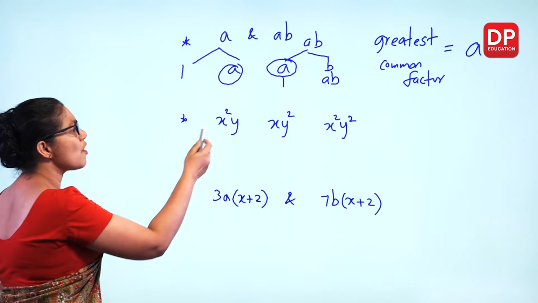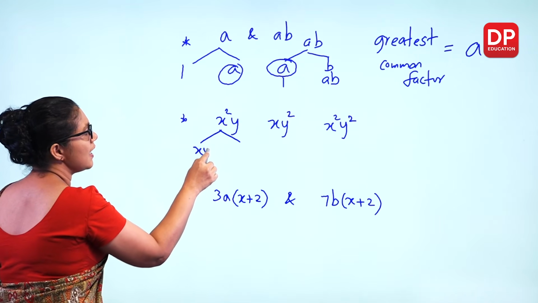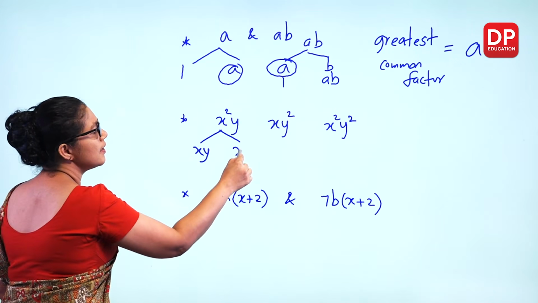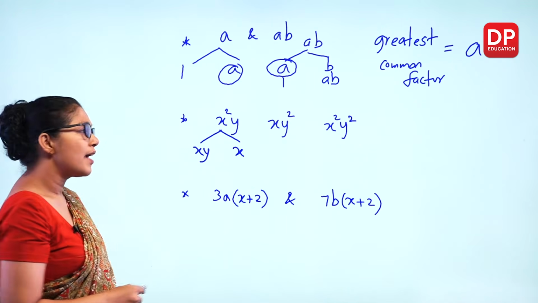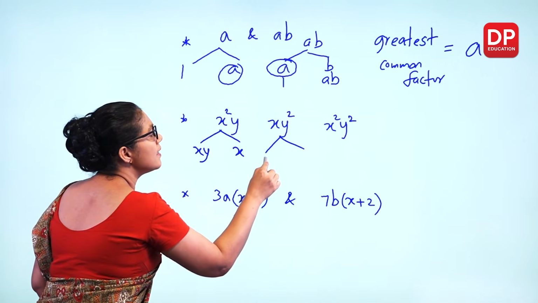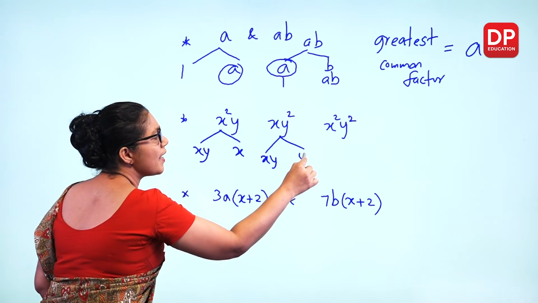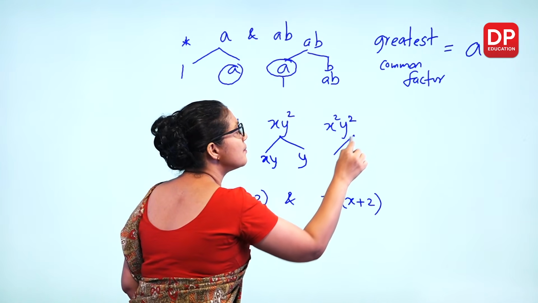We'll take the next example, x squared y. What are the factors of x squared y? I can write xy with x. If I take xy squared, I can write xy with y. What about this one, x squared y squared?